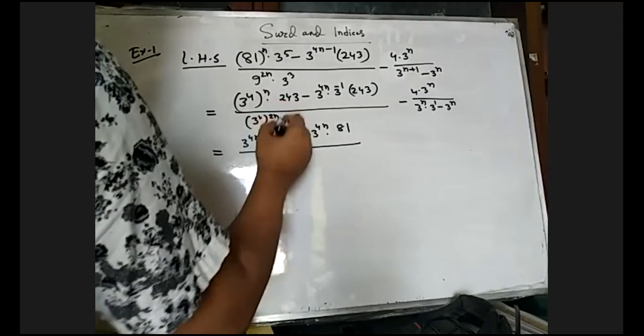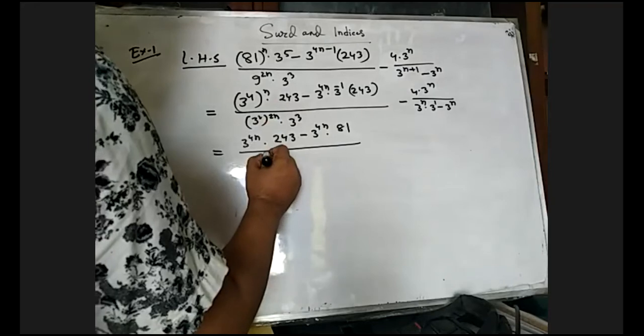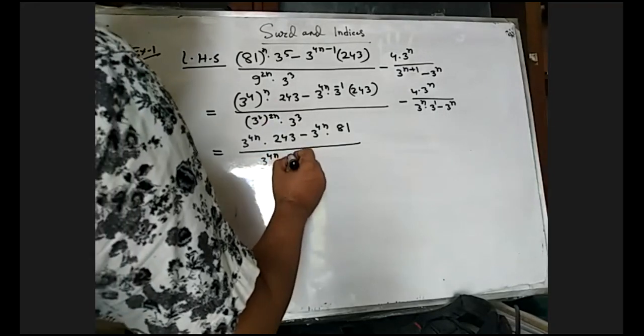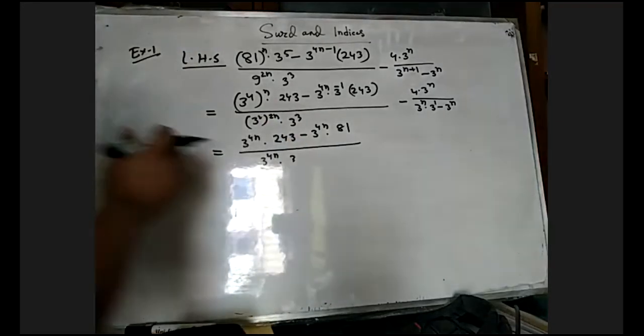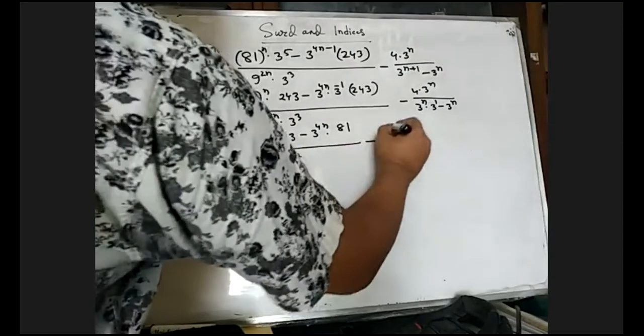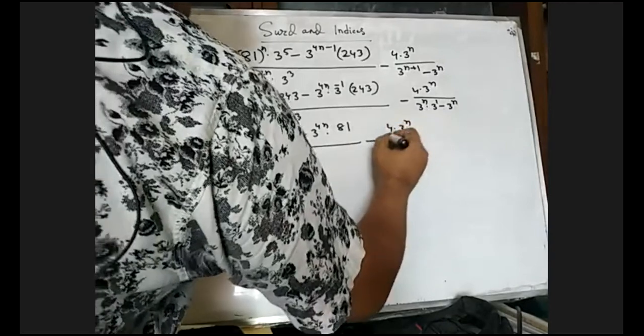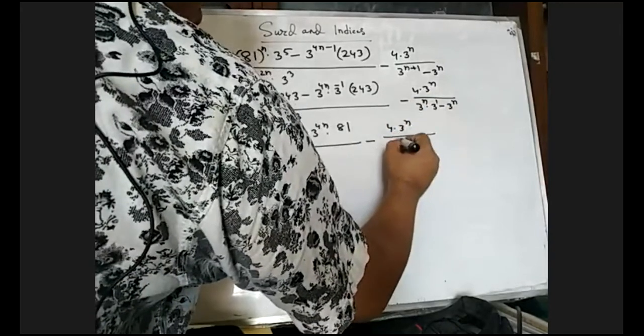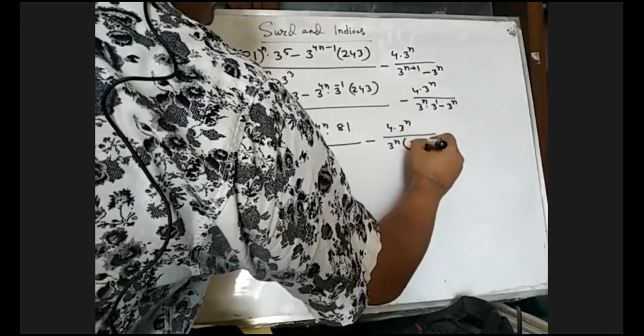This was twice n, so 3 to the power 4n. And 3 cube means 27. And 4 into 3 to the power n, but here 3 to the power n can be taken common, so 3 minus 1.